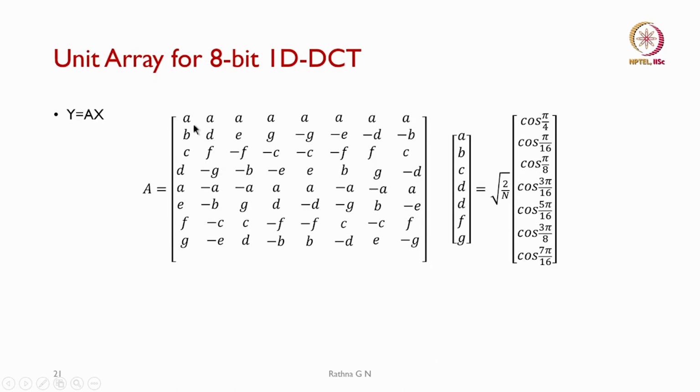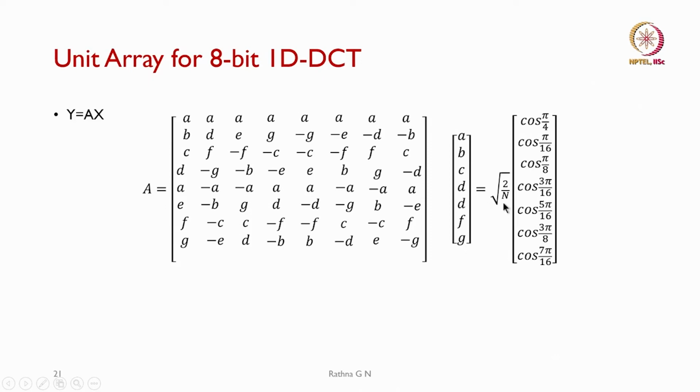You will see that all these are A coefficients and these are BDEG, minus G, minus E, minus D and minus B, and then the rest of the coefficients are getting filled in like this. You can go back and cross verify it, and see what our A, B, C, D, F, G coefficients are.